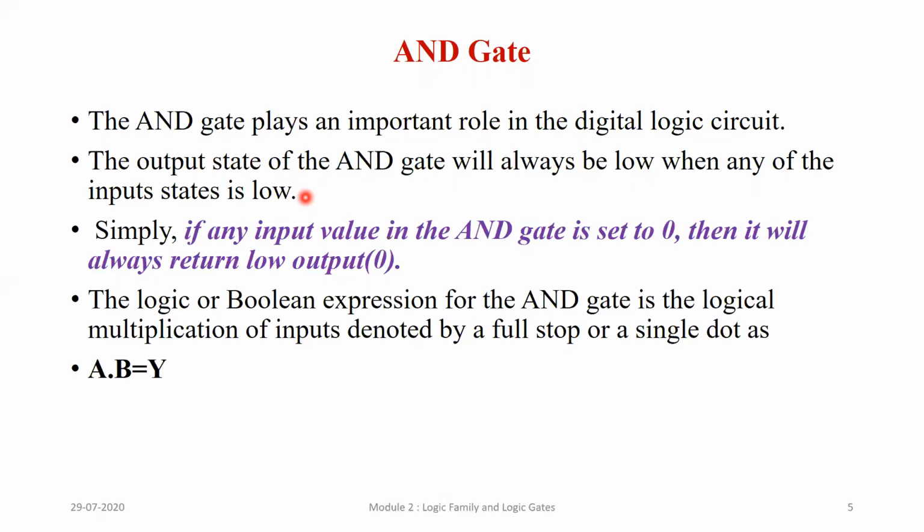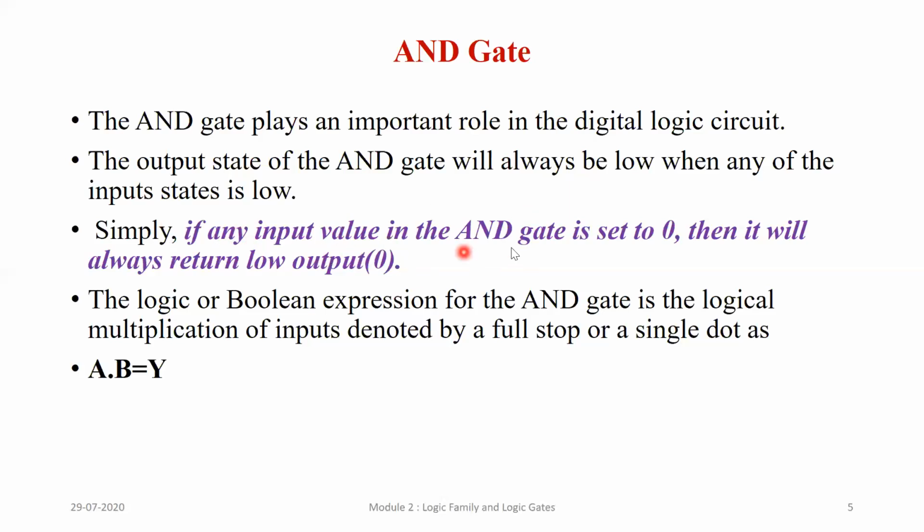If any of my inputs, suppose there are 5 inputs or 2 inputs or 3 inputs, is low, the output is always low. It means if any one of the inputs is 0, your output will be 0. Low means 0, high means 1.